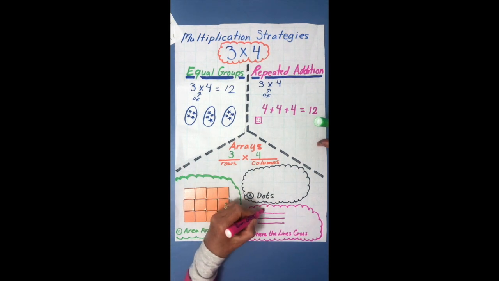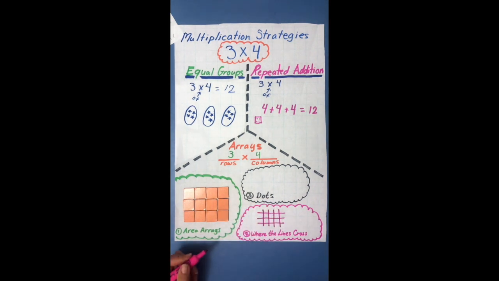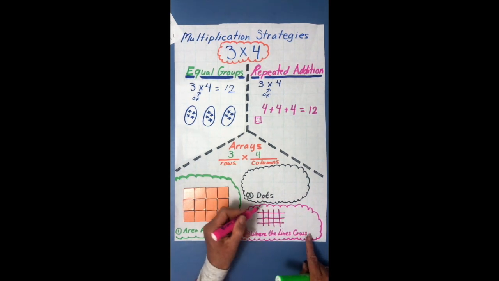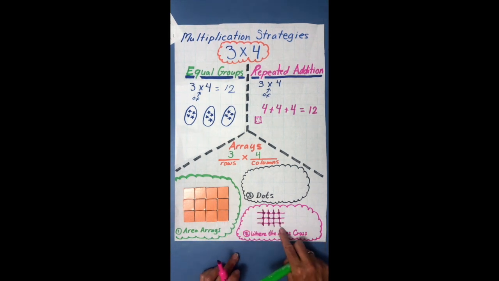So I draw 1, 2, 3, 4 columns. Now it's where the lines cross, so I just count up where the lines cross. So they cross 1, 2, 3, 4, 5, 6, 7, 8, 9, 10, 11, 12. They cross in 12 places.